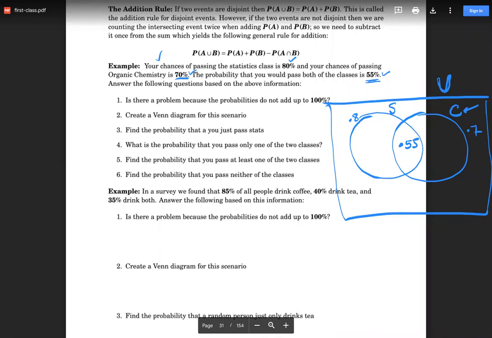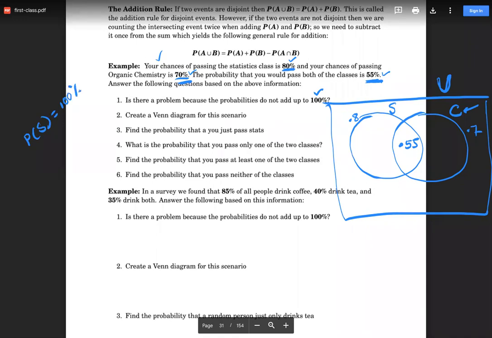Now, is there a problem because the probabilities do not add up to 100%? If you look at the probabilities, 80% plus 70% plus 55% is well over 100%. But remember, the probabilities have to add up to 100%. It cannot be more than 100%. As a matter of fact, the probability of the sample space is always 100%.